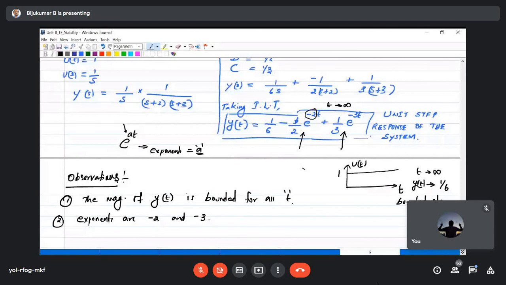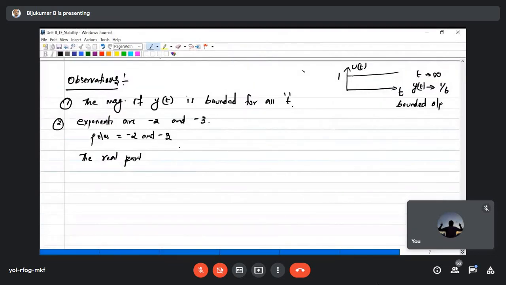So we can conclude in general, see, we are converting all of this into the S domain, the complex domain. So the pole has a real part as well as an imaginary part. But in our case, it is only the real part. -2 is the real part of the pole, and -3 is also the real part of the pole.